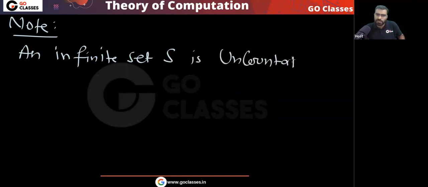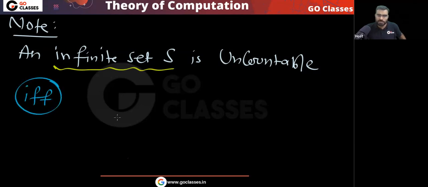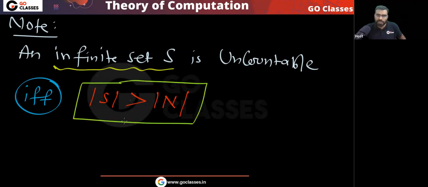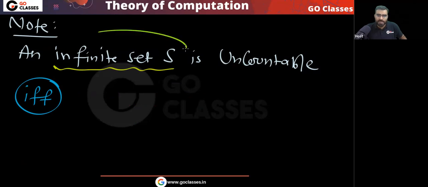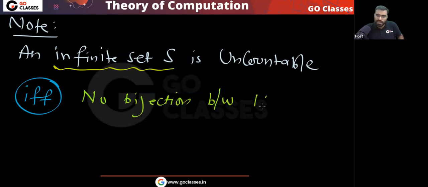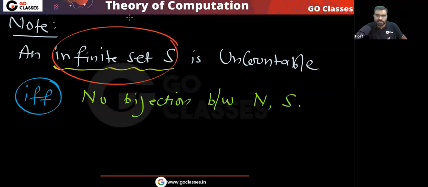An infinite set S is uncountable if and only if the size of S is greater than size of N. What does this mean? It means an infinite set is uncountable if and only if there is no bijection between N and S. Agree?